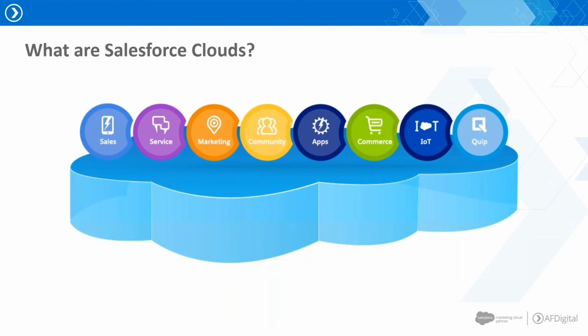For those other clouds, we are also planning to conduct several masterclasses on how to take advantage of those and maximize your Salesforce investment. For this particular session, we are focusing on Sales Cloud. So in a nutshell, what is Sales Cloud? Pat, can you go to the next slide, please?